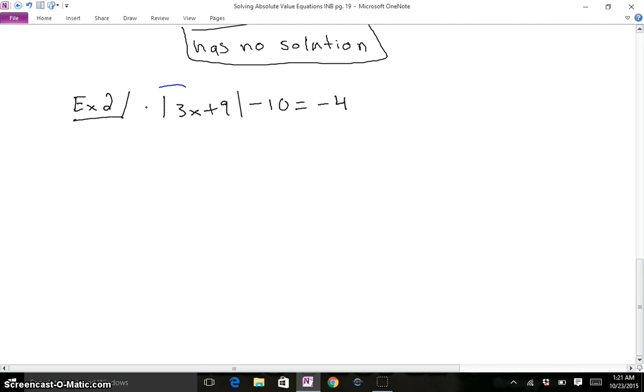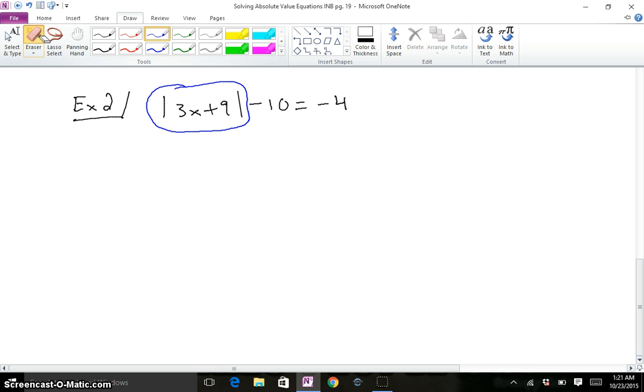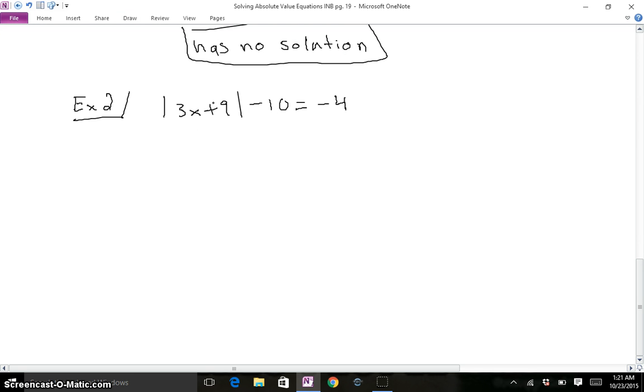What I mean by that is we want this part on one side of the equation. So to do that, I'm going to add 10 to both sides. So 10's cancel.